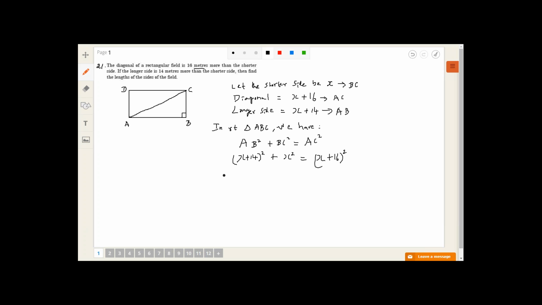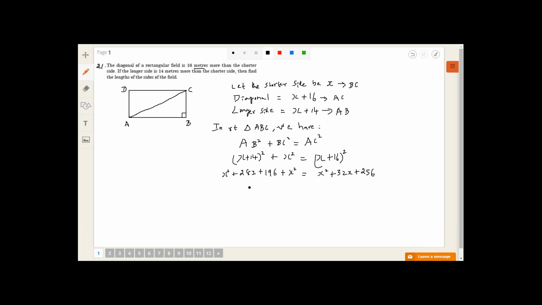Now for solving for X, first we need to expand the expressions. So this will be X square plus 28X plus 196 plus X square is equal to X square plus 32X plus 256.